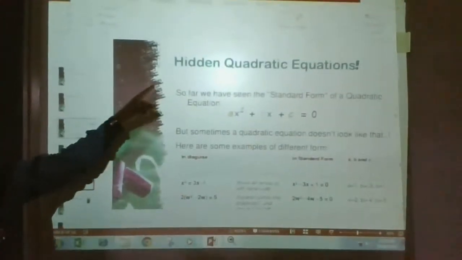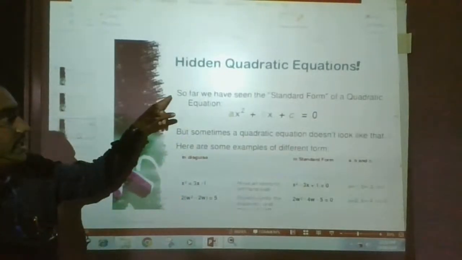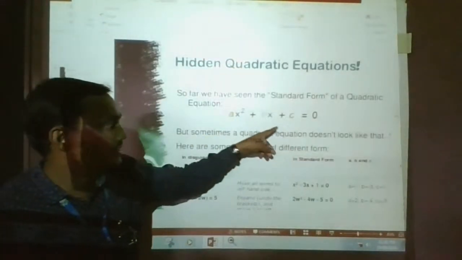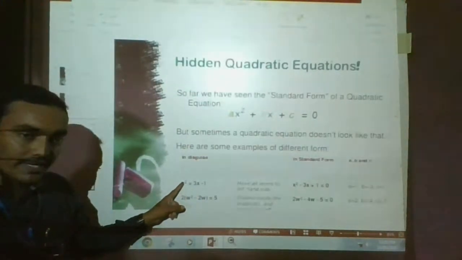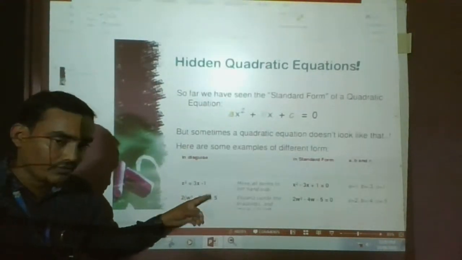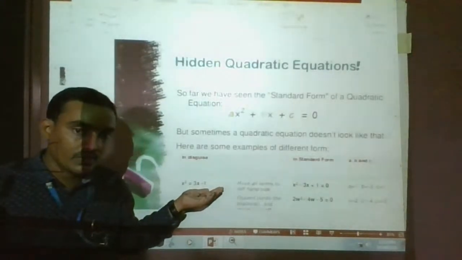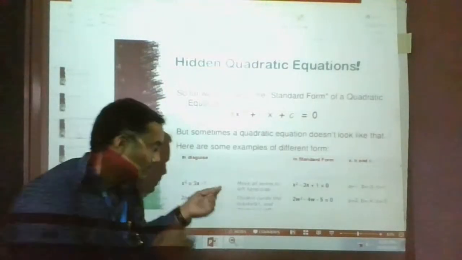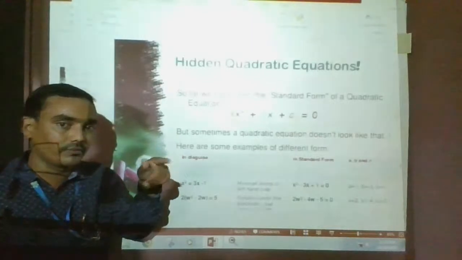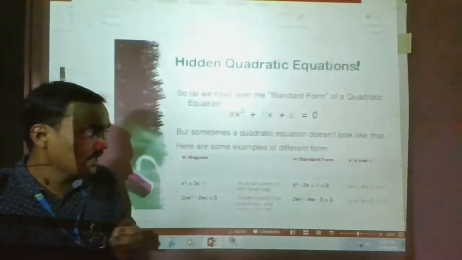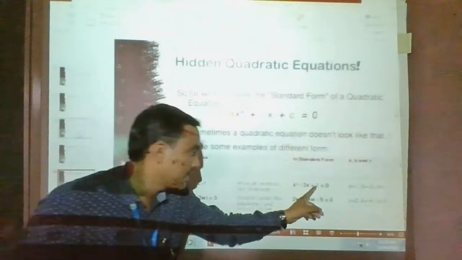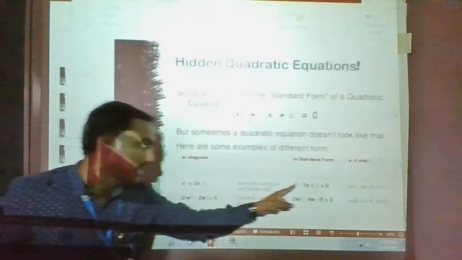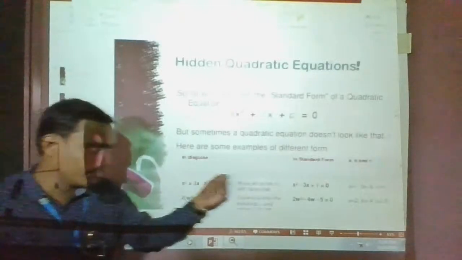Now, the quadratic equation: ax square plus bx plus c is equal to 0. Here x square is equal to 3x minus 1. Is it a quadratic equation or not? So we have to rearrange it in the standard form, that is ax square plus bx plus c is equal to 0. Now the plus 3x becomes minus 3x and the minus 1 becomes plus 1.